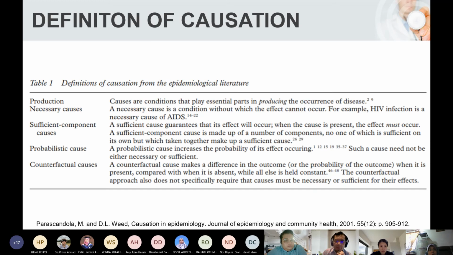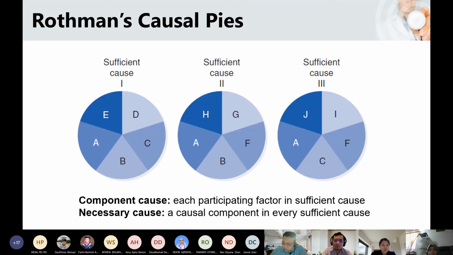Here, sufficient component cause. You can read the definition later, but all of these sufficient component causes need to have a necessary cause. Okay, a condition without which the effect cannot occur. So you can see here the necessary cause: a causal component that is in every sufficient cause. A must be present.